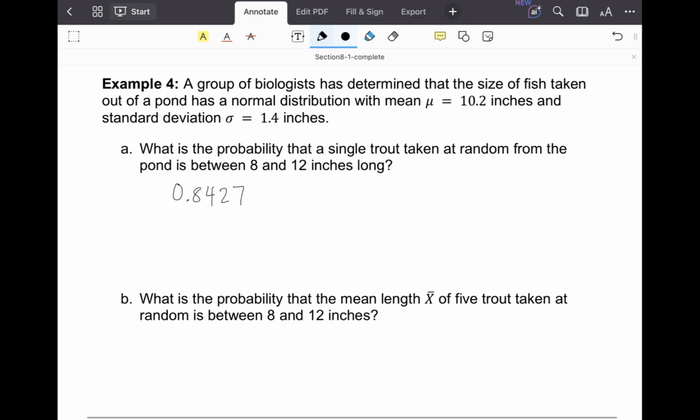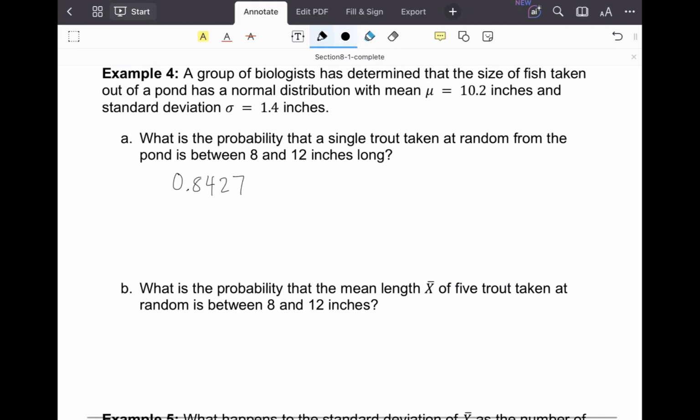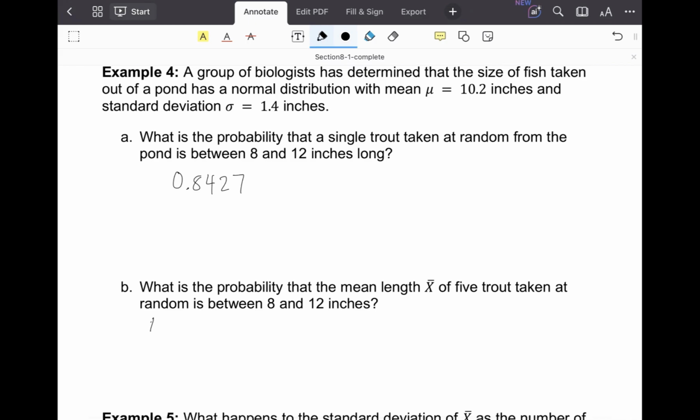Okay, now that's something we've done before, but now the second part of this question is asking what's the probability that the mean length x bar of 5 trout taken at random is between 8 and 12 inches. Now the mean is going to stay the same, 10.2, but the standard deviation needs to be adjusted.